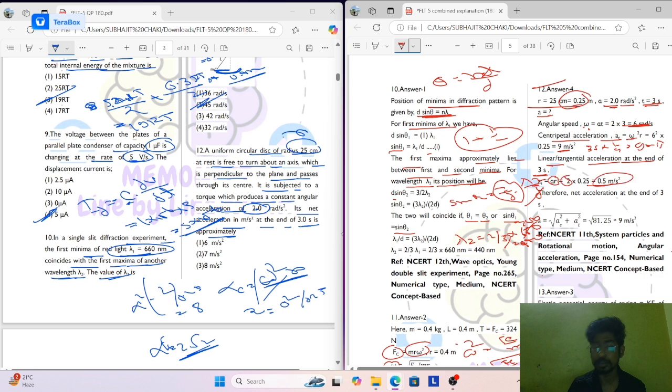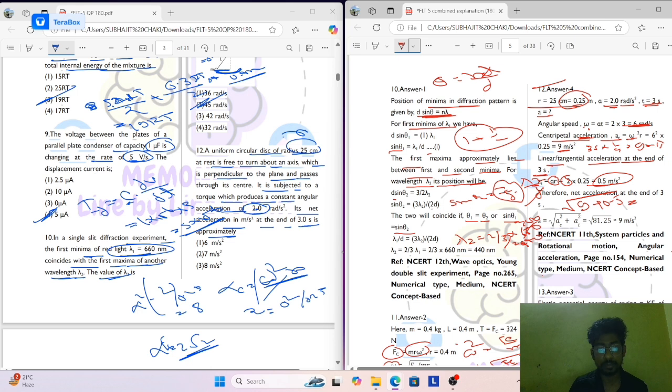So therefore the net acceleration will be equal to the resultant of the tangential acceleration and the centripetal acceleration, right? The centripetal acceleration is 9, and the tangential acceleration we already calculated is 0.5.